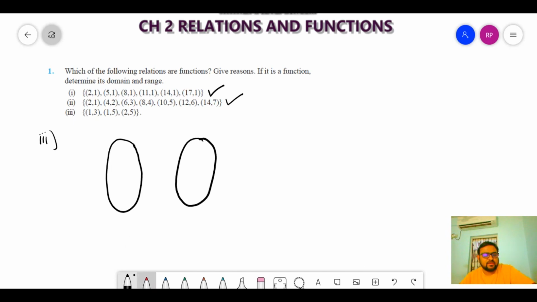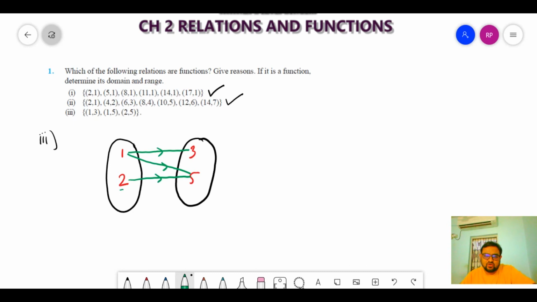The elements in the domain are 1, again 1, so I will not repeat it, and 2. Here 3, 5. Now see, when I draw the relation, 1 is related to 3, 1 is also related to 5, and 2 is related to 5.